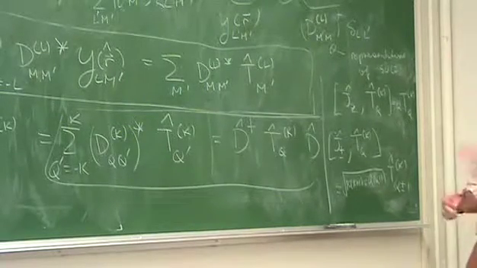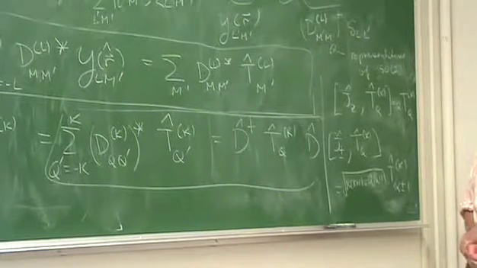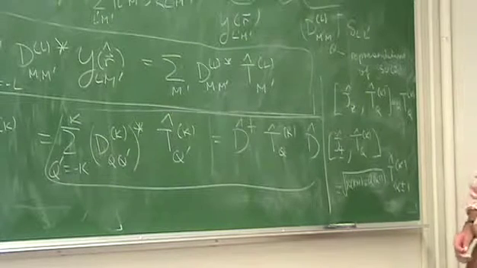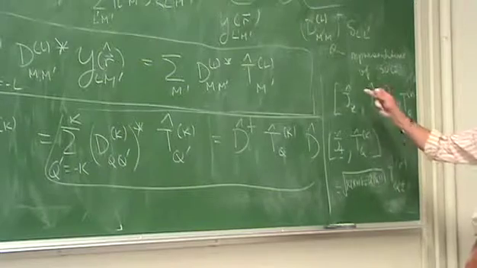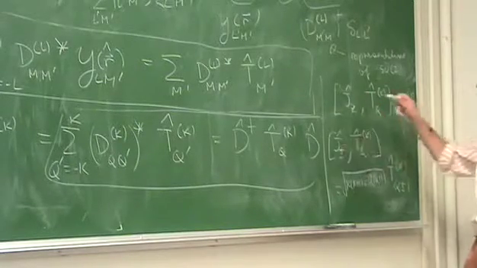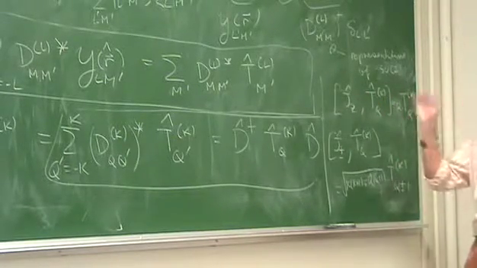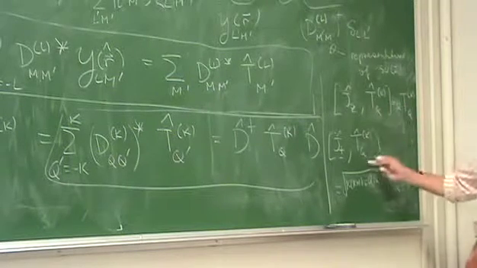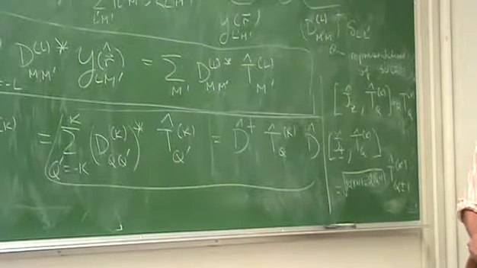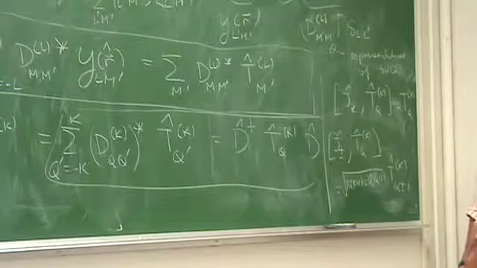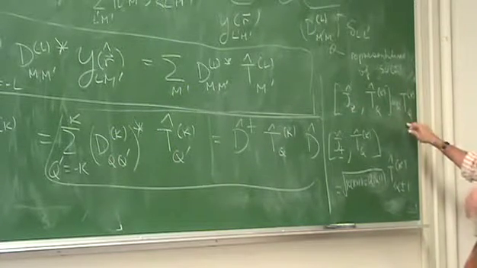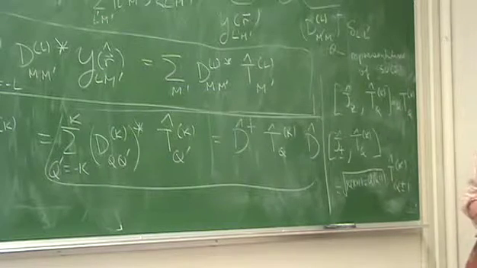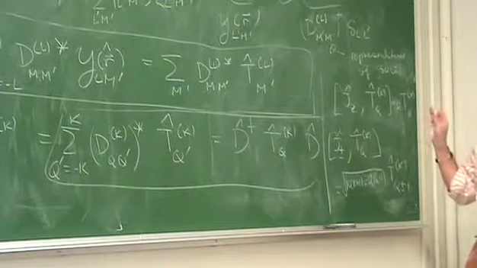If D is the rotation matrix generated by the angular momentum J, then the angular momentum operators have defined commutation relations with the components of the tensor. The Z component brings it back to itself up to Q. So if Q is 0, they commute.